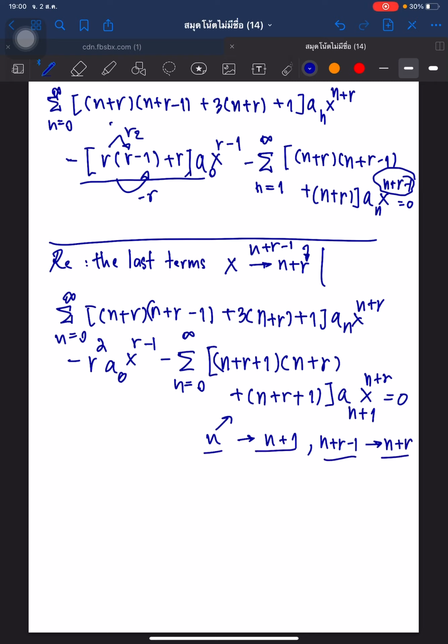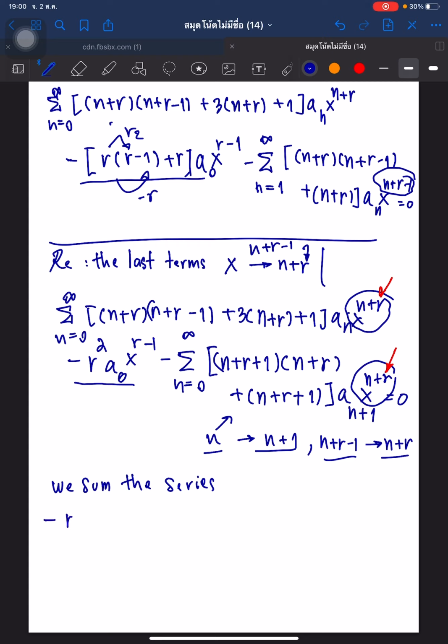After that, we sum the series because the exponent of x is equal. Okay, you see it, n plus r and this n plus r. The term is the same term.